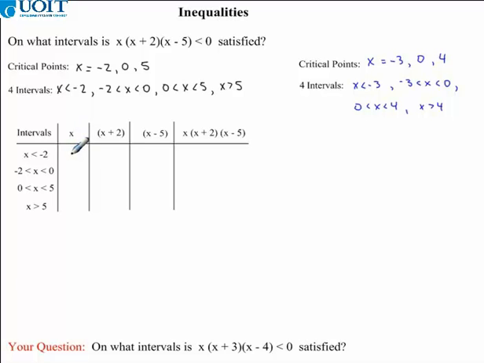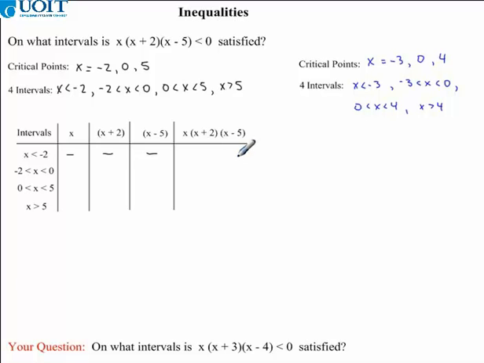I'm going to indicate this by writing a negative in this spot here. We're going to do the same thing for this column. We're going to substitute negative 5 in for x. Negative 5 plus 2 will give us a negative answer. Same thing for this column. Negative 5 minus 5 will give us a negative answer.